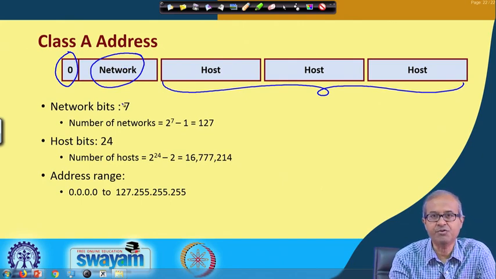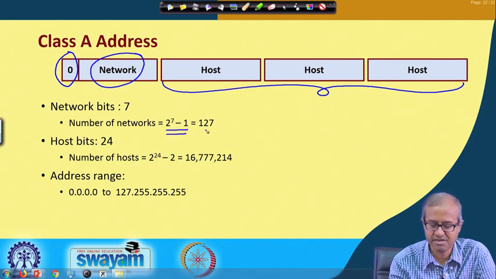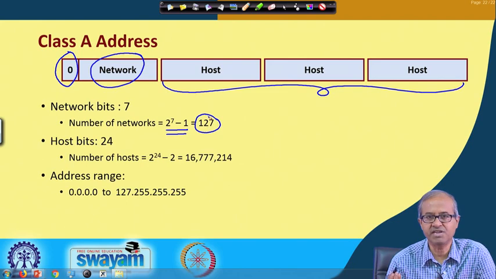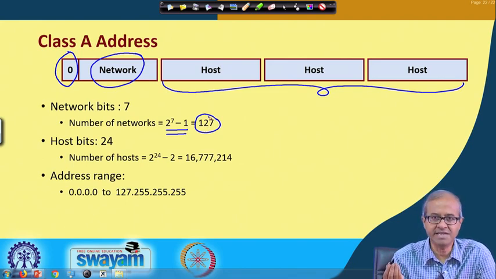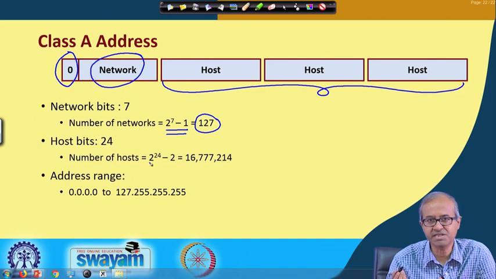Because there are 7 network bits, there can be 2 to the power 7 combinations. Out of them, the all 0 combination is not used, so there can be 127 possibilities. There can be 127 class A networks, and inside each network there are 24 bits in the host part, so 2 to the power 24 combinations are possible.